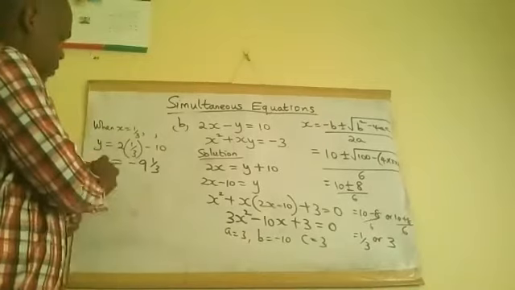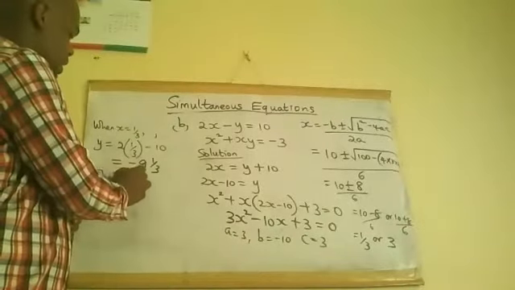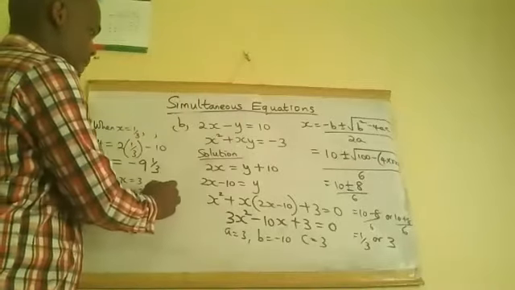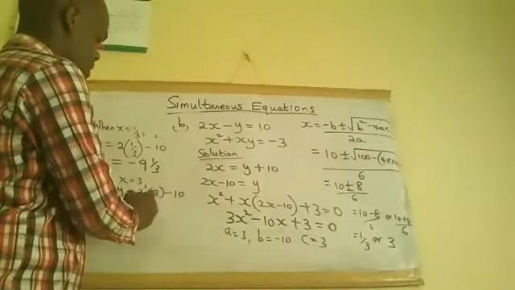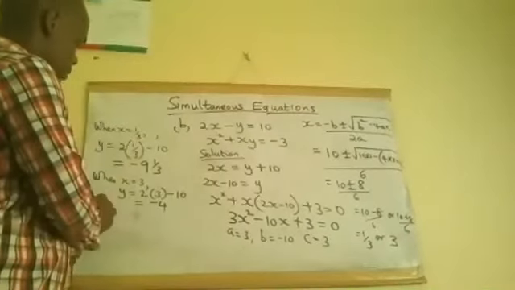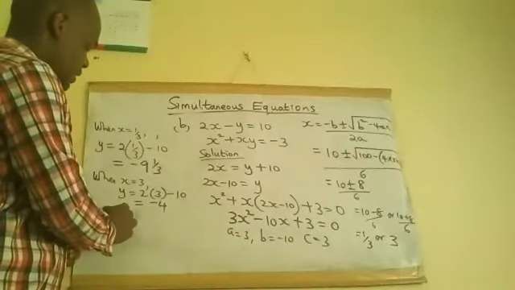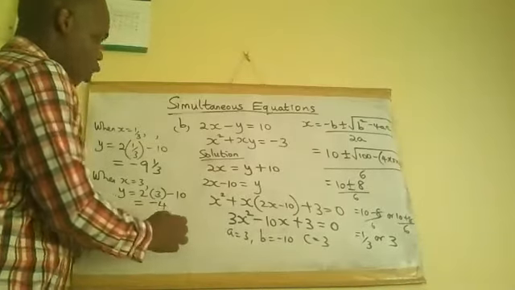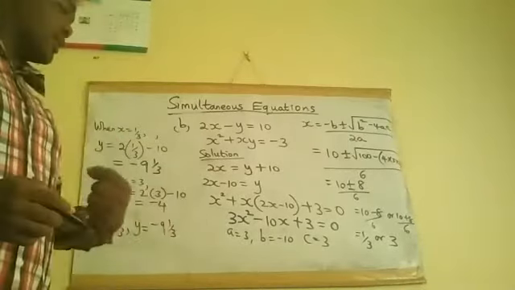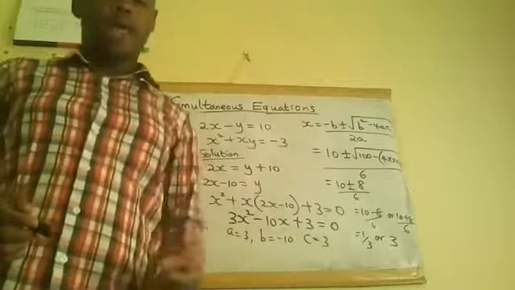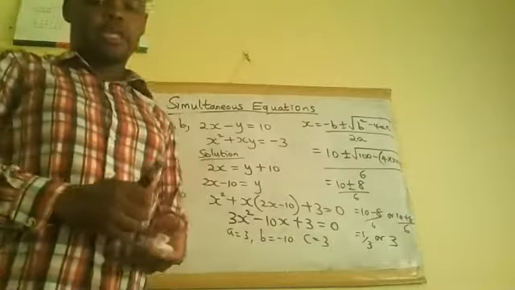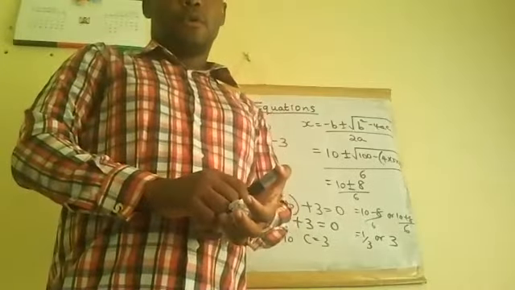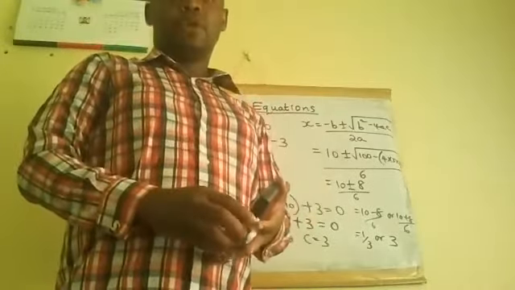And then you say also that when x is 3, y will be 2 into 3 minus 10, which is negative 4. And then you say, therefore, x is a third, y is negative 9 and a third, or x is equal to 3, y is equal to negative 4. So that is the solution.